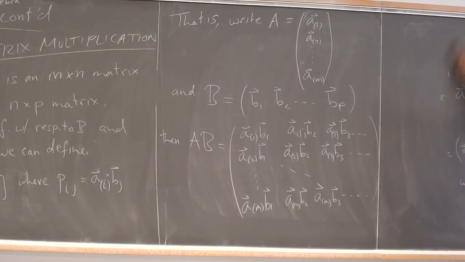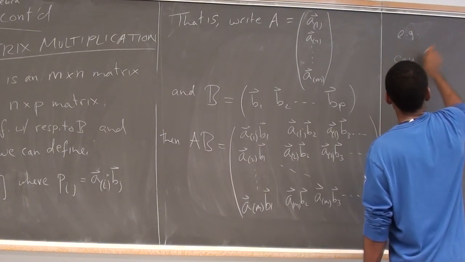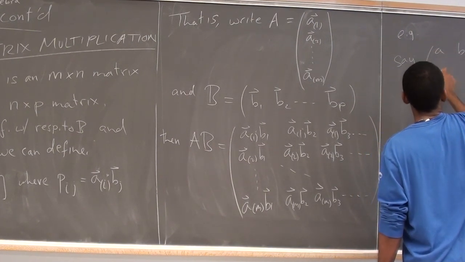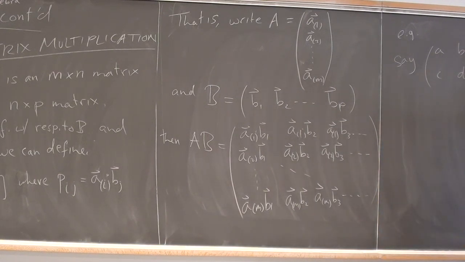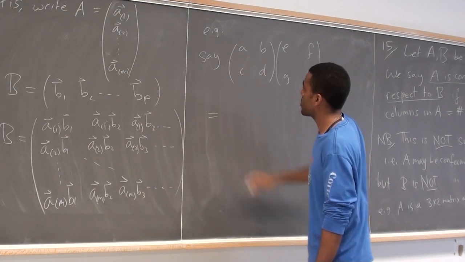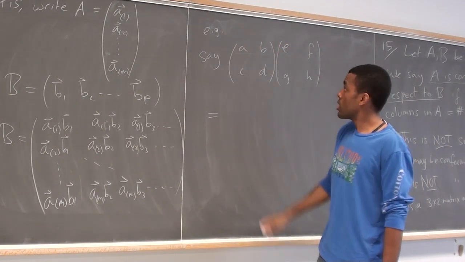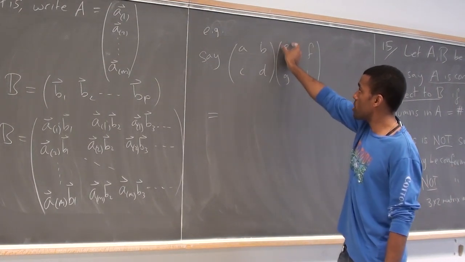Let me give you a more concrete example. We did this last time. A, B, C, D. So this is your A1, right? You're going to take the first row times the first column.